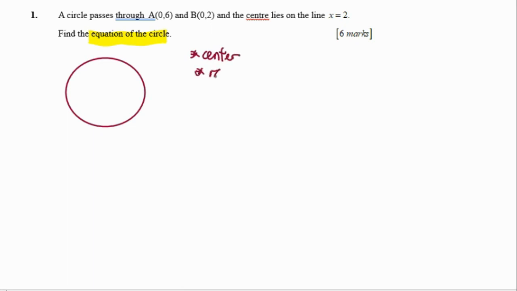and radius. First, we draw out our circle in the situation where it passes through point A, which is (0, 6), and point B, which is (0, 2). Then the center lies on the line x equals 2, which will be our vertical line.